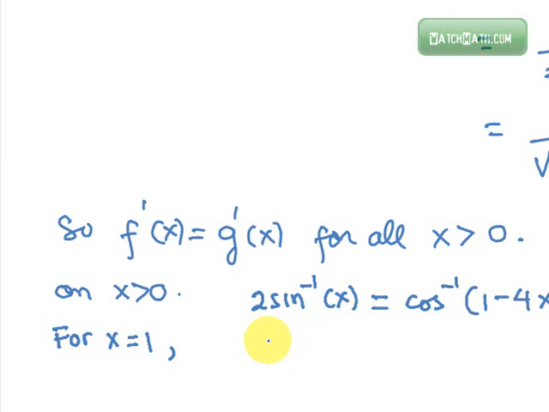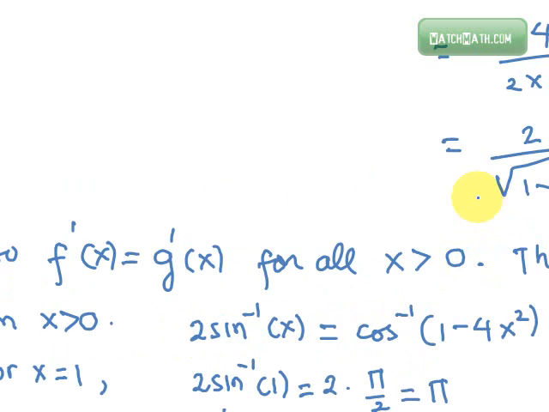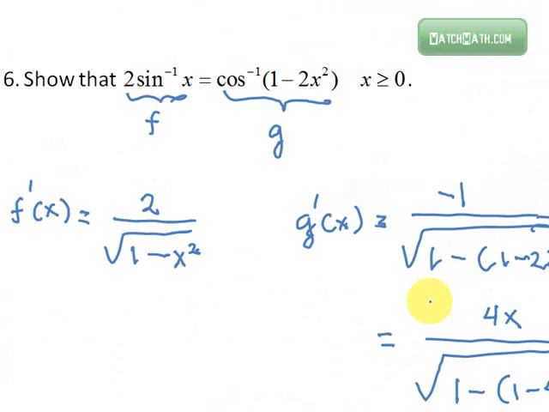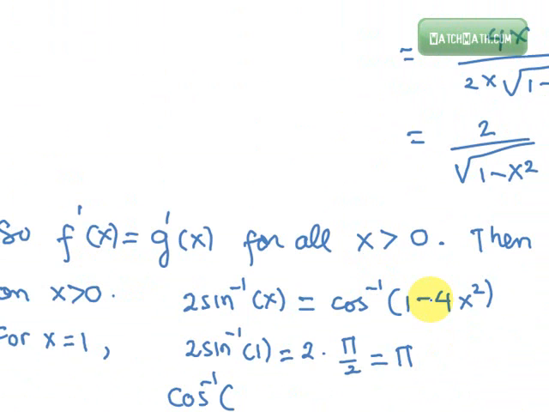What is 2 arc sine 1? So arc sine 1 is pi over 2, so the left hand side is 2 times pi over 2, which is pi. And let me check again the problem, I think I didn't copy it correctly, it should be arc cosine of 1 minus 2x squared.